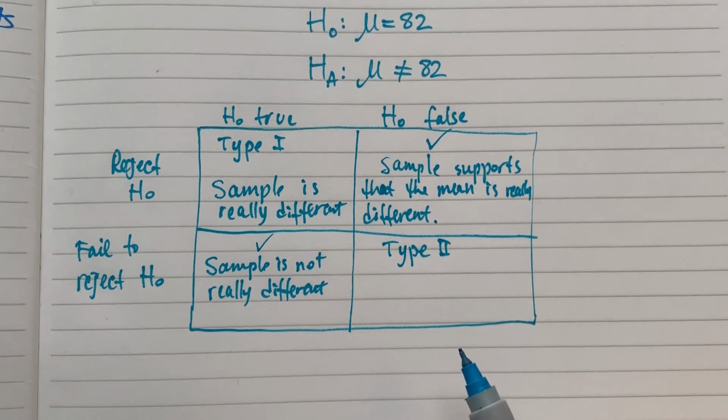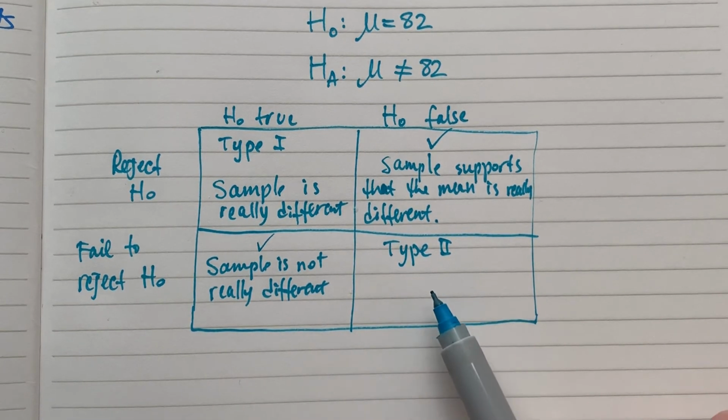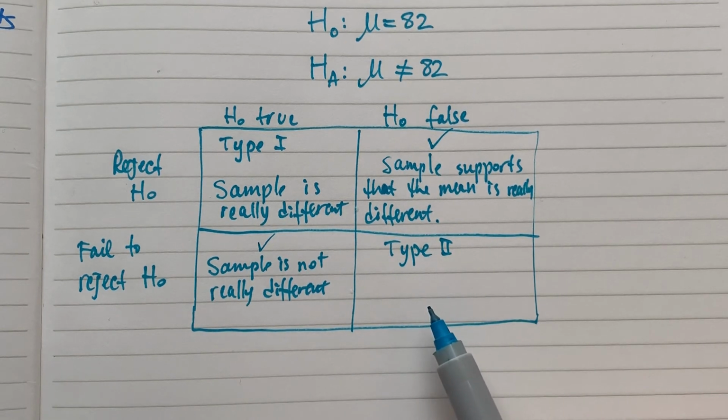The population is really different from the 82 that I got in that sample. Why is the sample different? Well, I've been giving them this medication, so this medication really makes a difference, and I didn't discover this difference. I have failed to reject my null. I did not see that it's different, so I wasted the opportunity. There was a difference, but my evidence did not show that difference.